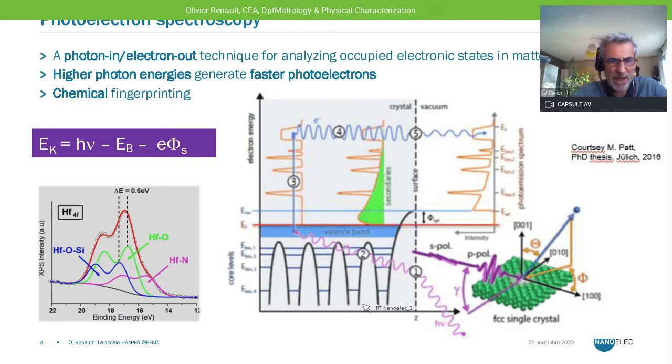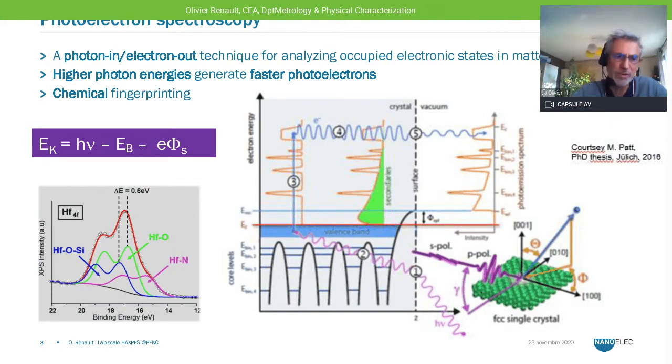You have the fundamental relationship between the photon energy h nu, the initial energy of the photoelectron in the material, which is the binding energy EB, and the kinetic energy of the electrons, because the electrons are ejected out of the sample, and the spectrometer is measuring kinetic energy.